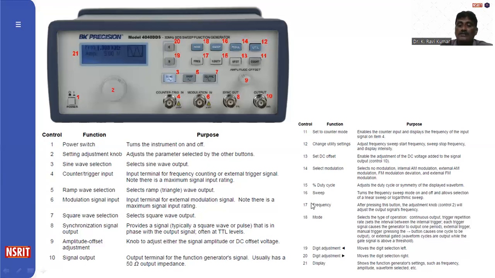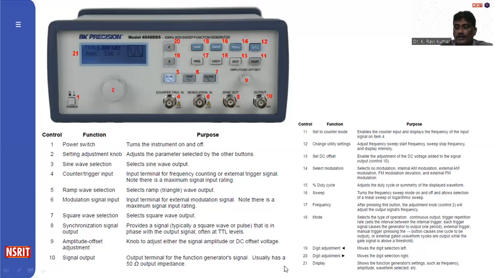The 17th one is the frequency. After pressing this button, the adjustment knob, that is controller 2, will adjust the output signal frequency. The 18th one is the mode switch. After pressing it, we select the type of operation: continuous output, or trigger, where each trigger signal causes the generator to output one period.